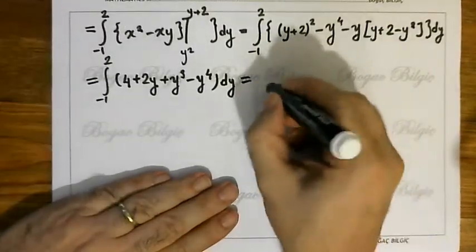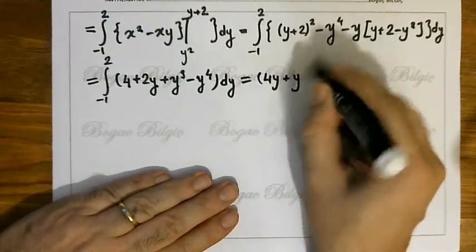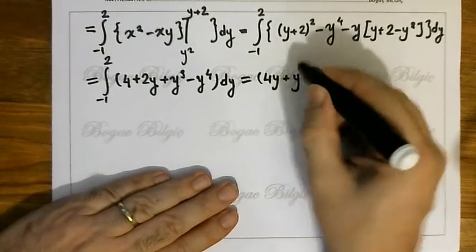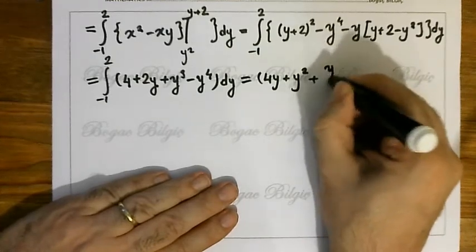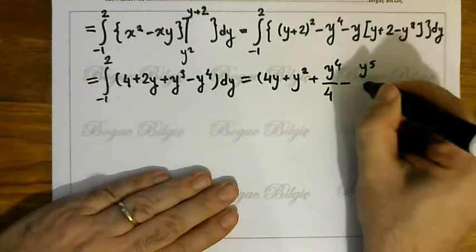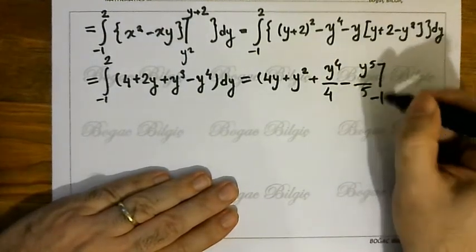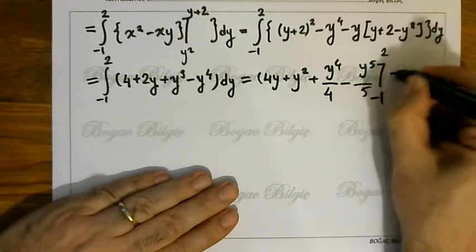And then you calculate easily: 4y plus y square plus y fourth divided by 4 minus y fifth divided by 5 from minus 1 to 2.